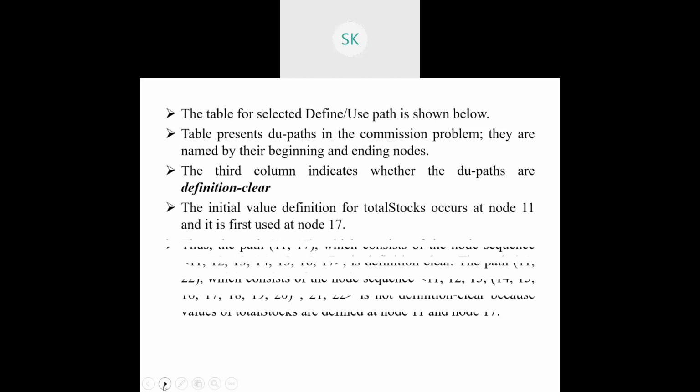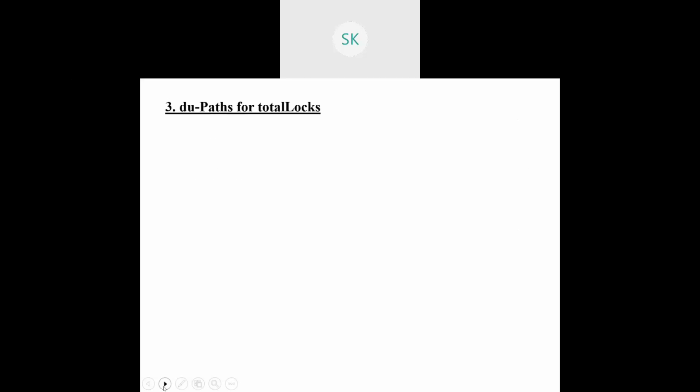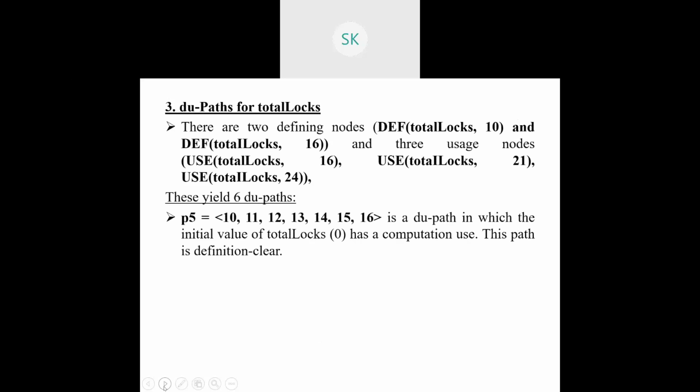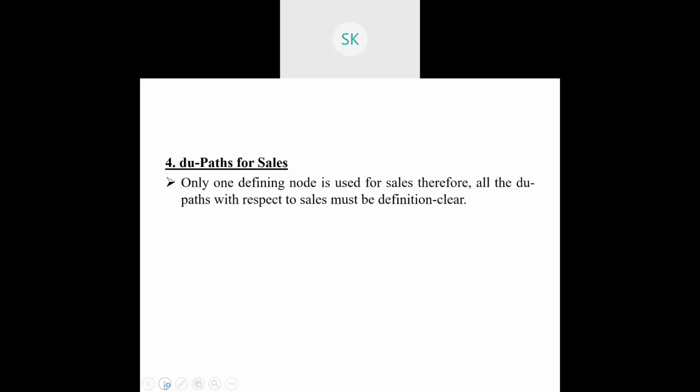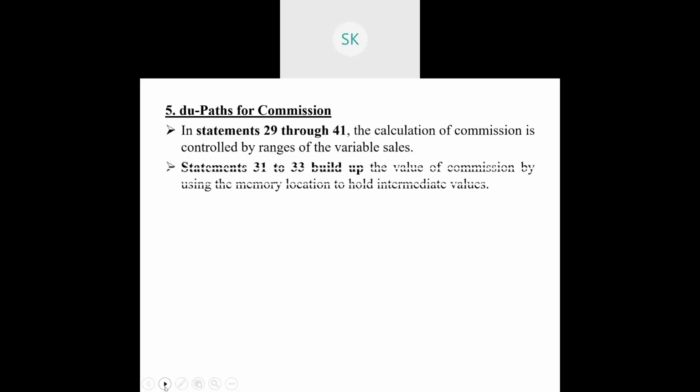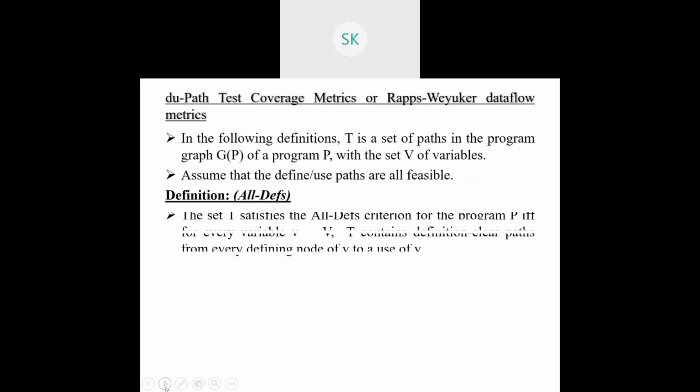All definitions means whatever definition is there, each one of it should have a definition clear path. If it is a definition clear path, we can say so. T contains definition clear paths from every defining node of V to a usage node of V. 16 to 16 is a definition clear path.